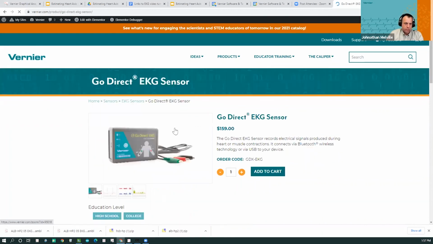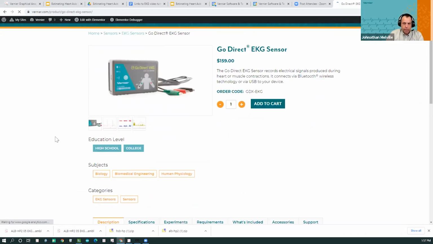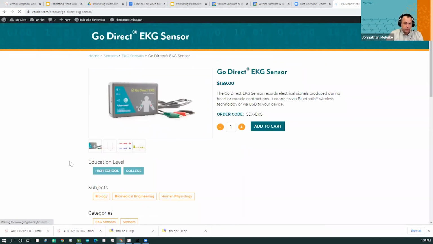Yeah, it's $169. In a lot of cases, for a system that'll record EKG, sometimes you pay $1,000. Sarah and I have worked really hard to make this sensor do what it does. We're actually very proud of how well it works.